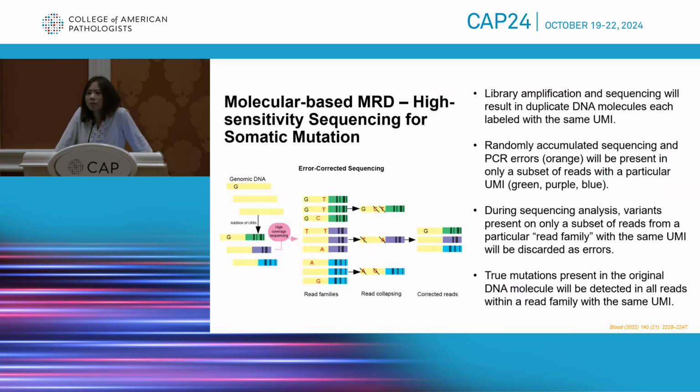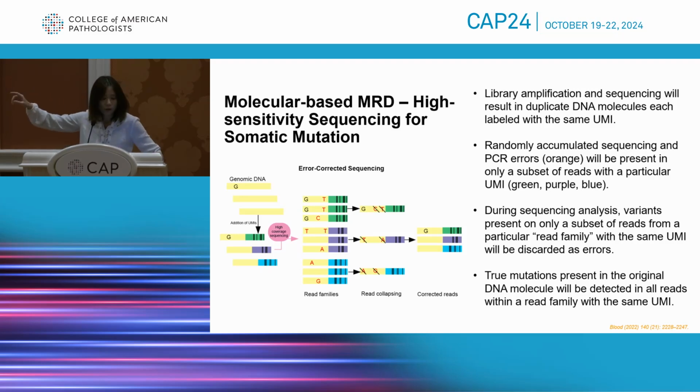So I was talking about high sensitivity sequencing. How is it done? Essentially, we add a unique molecular identifier. So every single DNA fragment has a unique molecular identifier added at the very end. Library amplification in the sequencing will result in duplicate DNA molecules, each labeled with the same UMI, unique molecular identifier.